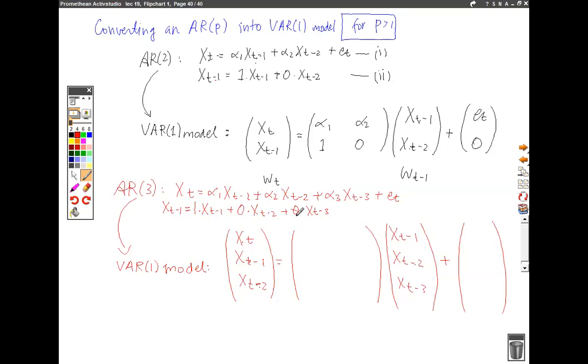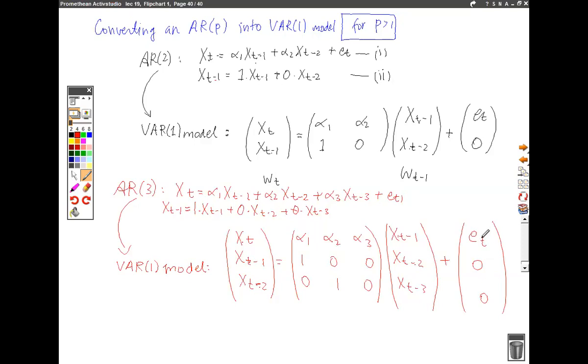So now if you are looking for xt in terms of these, the coefficient of xt minus 1 is just alpha 1. For xt minus 2, it is alpha 2, and here it is alpha 3. And here you will get 1, 0, 0, and here you will get xt minus 2. So 1 there and 0 elsewhere. And you know that there won't be any error terms here. So 0, 0. But there is one error term that I have for xt.